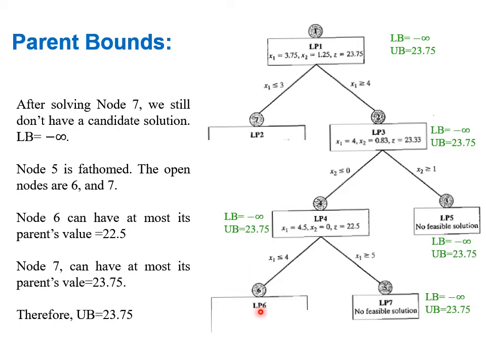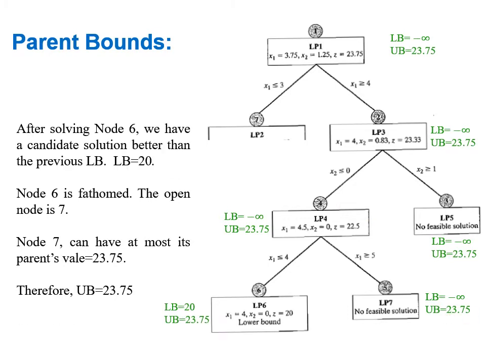So there are two unexplored nodes, this one and this one. So from this node 6, the best that we can obtain is given by its parent, which is 22.5, and for this node 7, the best value that we can obtain is given by its parent, which is 23.75. So the upper bound will be the maximum of these two values, which is still 23.75.